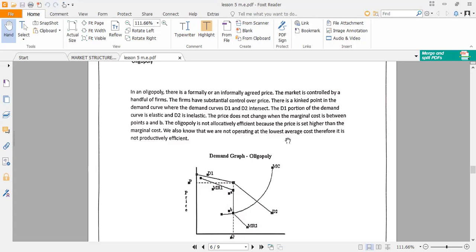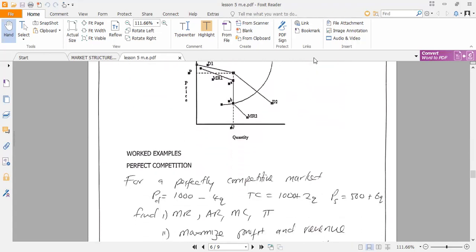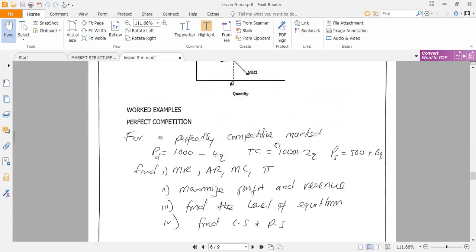They exercise what is called price discrimination. Price discrimination is simply the art of charging different prices at different pricing levels. The calculation part I'm going to look at later on. I just want you to appreciate the theoretical aspect of it.